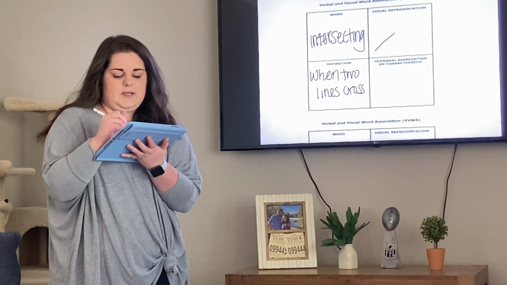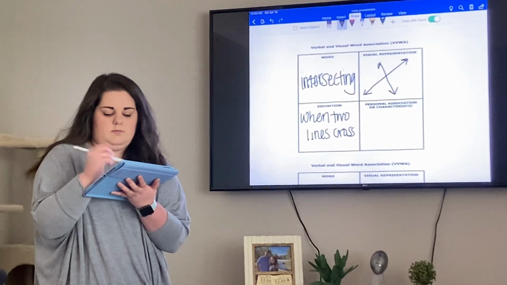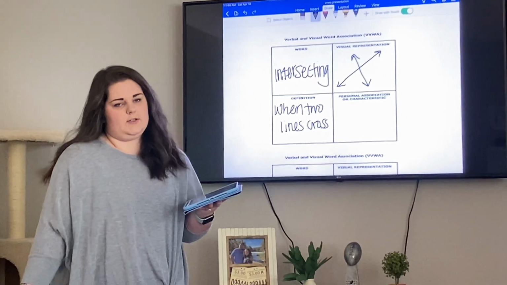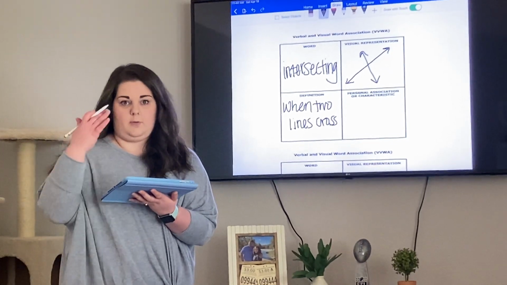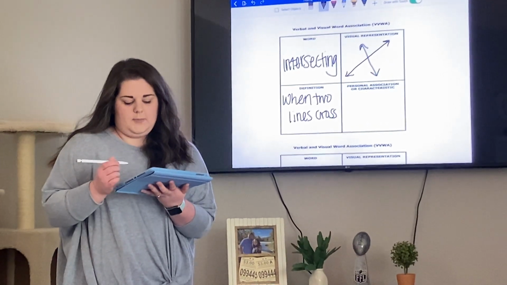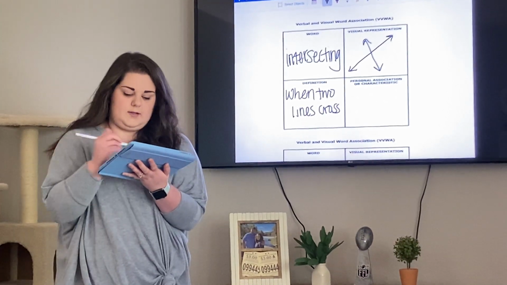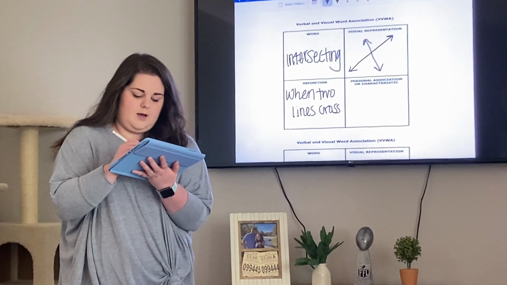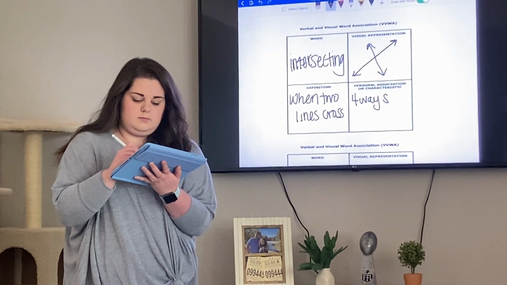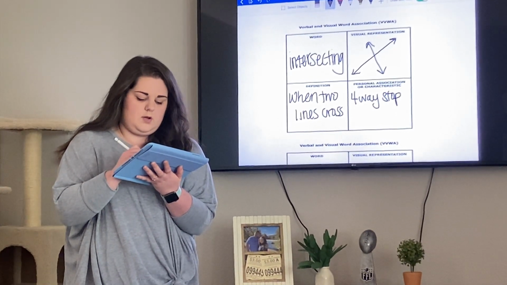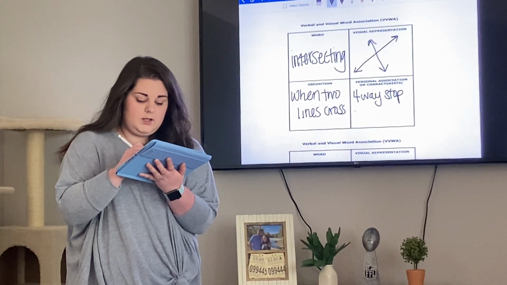The visual representation, you can do something as simple as what that graph would look like, what the definition is, or anything that can help the student remember. A personal association or characteristic, when two lines cross, that can be like a 4-way stop with roads, or two hallways meeting.